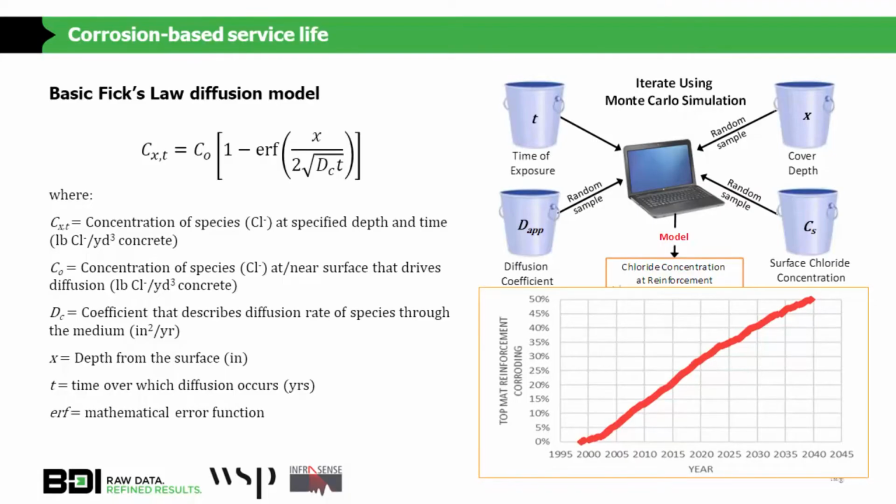So using the inputs that we got from our concrete testing with the chloride profiles and the cover depth distributions that we got, using a target concentration of chloride that we expect to induce corrosion, then we can plug into a model, and we use a method called Monte Carlo simulation to run repetitions of the model to essentially calculate the time that's expected for corrosion to occur based on the chloride exposure, the cover depths, et cetera, and then we can put that into a service life projection.